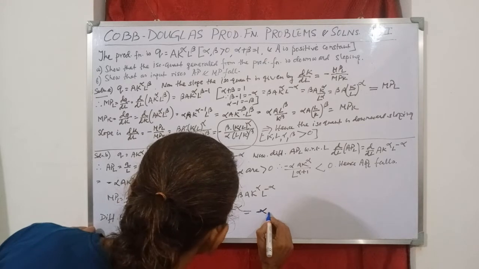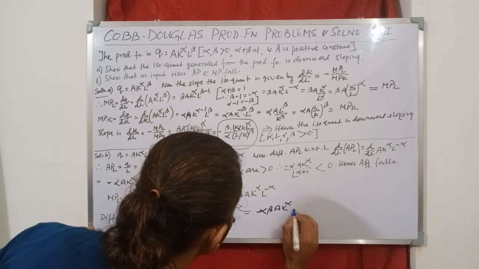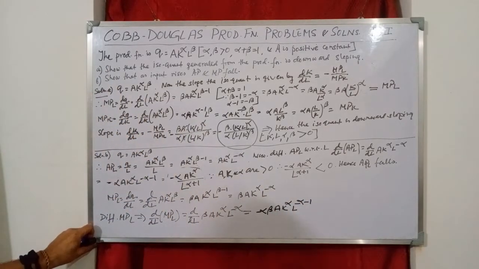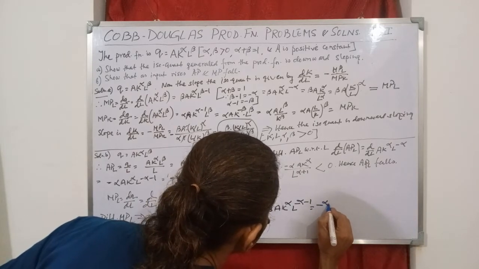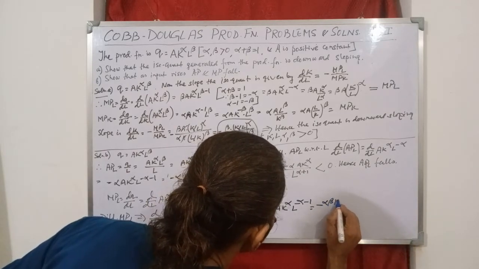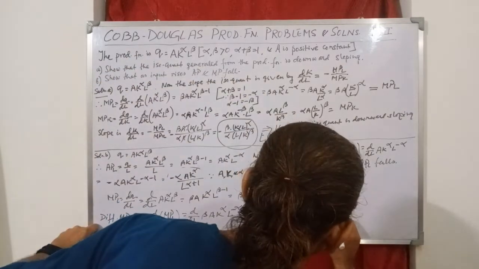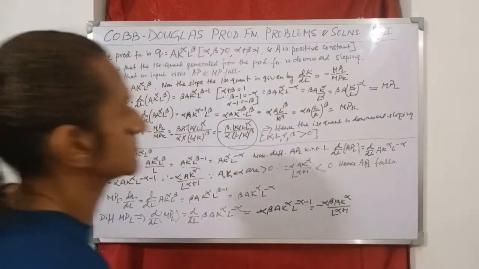Minus alpha beta A K to the power alpha L to the power minus alpha minus 1, which is equal to minus alpha beta A K to the power alpha divided by L to the power alpha plus 1.